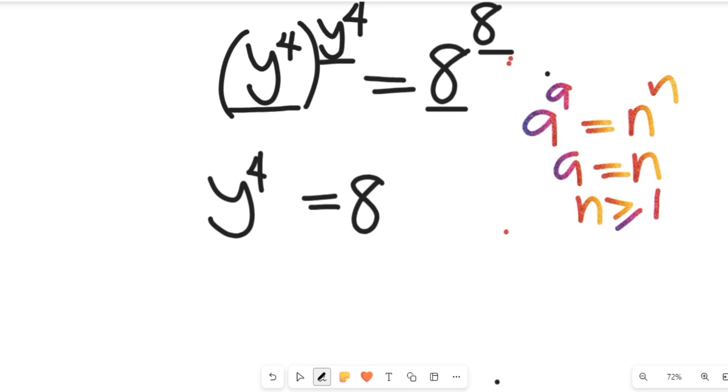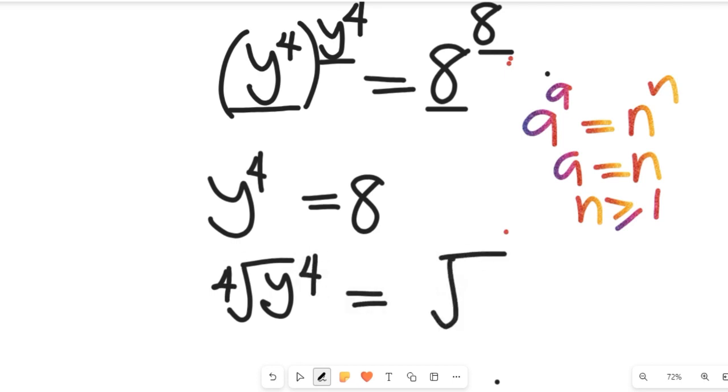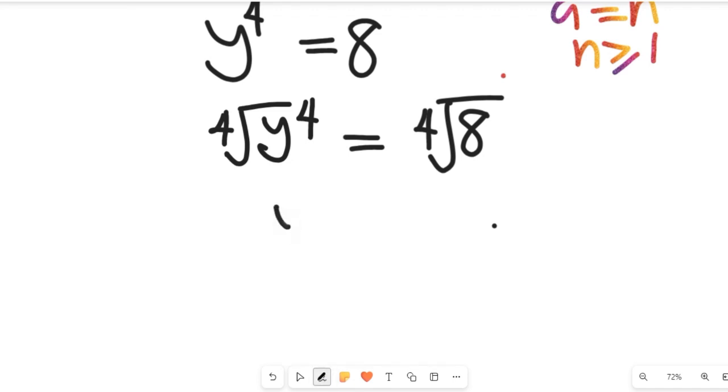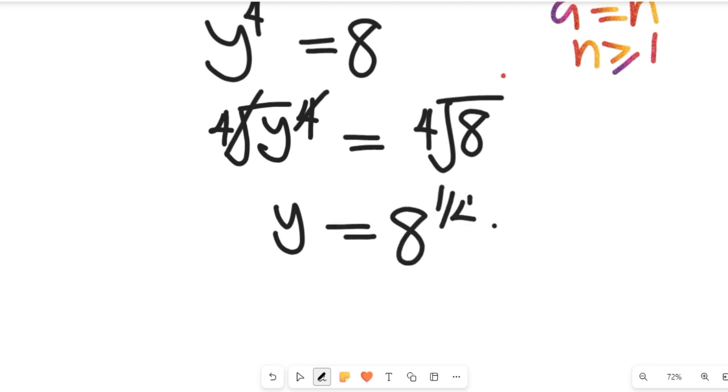So what do we do from here? To solve for the value of y, all we need to do is take the fourth root of both sides. The fourth root of y to the power of 4 is equal to the fourth root of 8. Simplifying, y on the left hand side is equal to 8 to the power of 1 divided by 4, because the fourth root clears the power of 4.